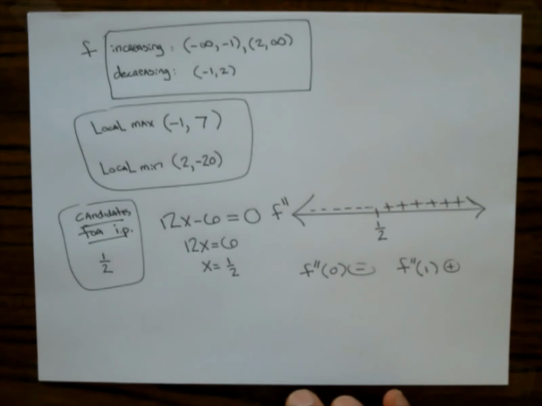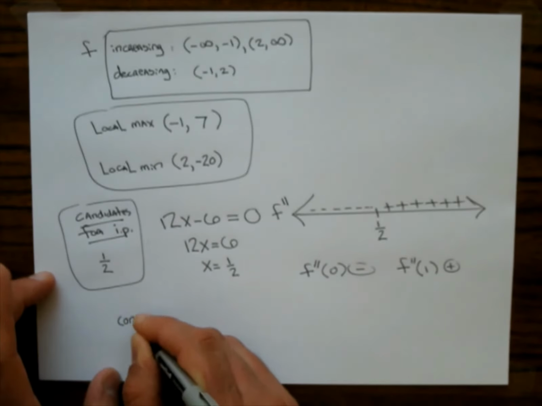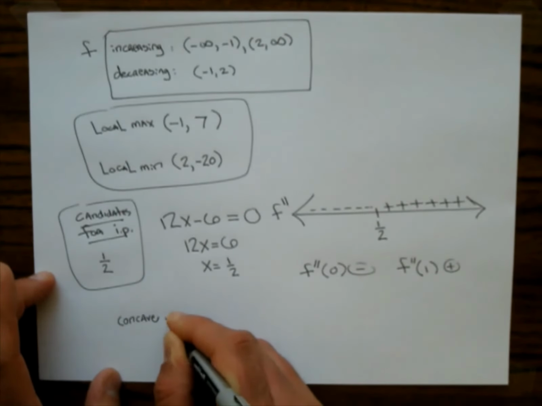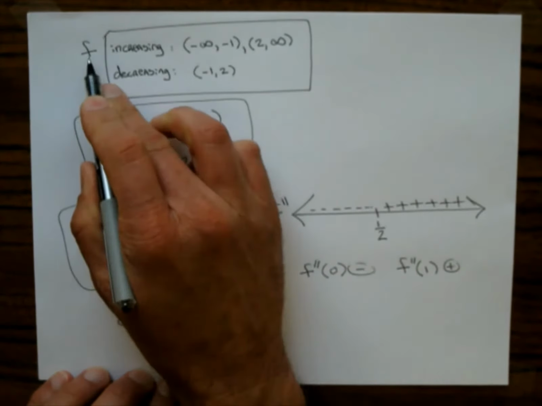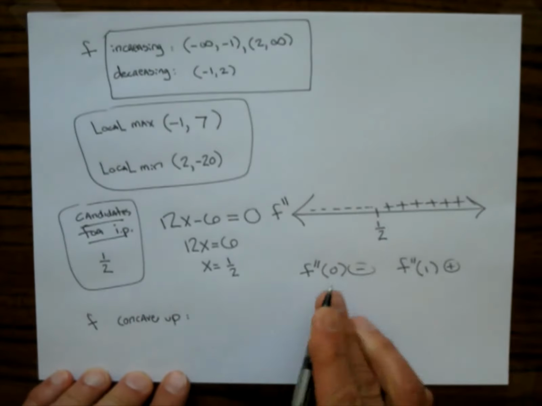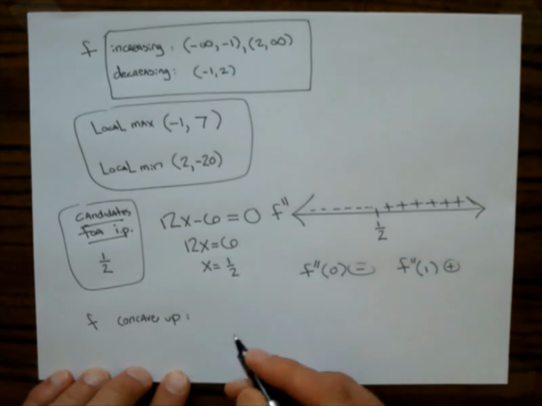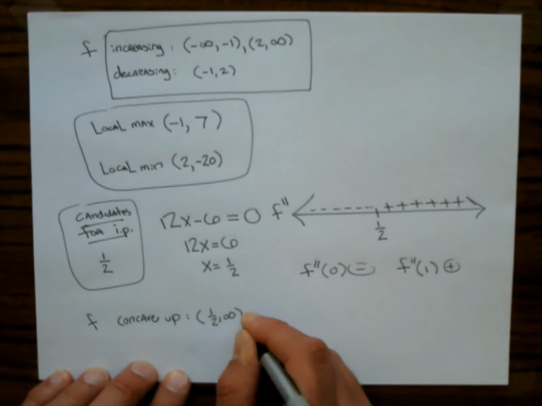Let's go ahead and say that F is concave up on the interval from 1/2 to infinity.